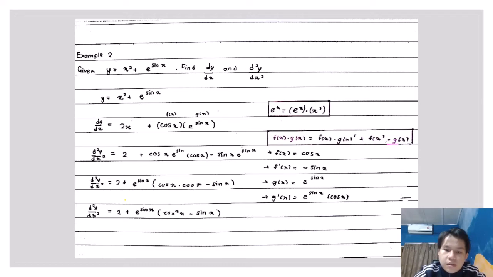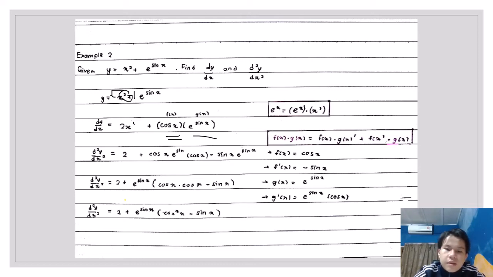The 2 here, bring in front, so we get 2x, and 2 minus 1 gives power 1. And then for the exponent, we use the formula: e^x times the derivative of the exponent. The derivative of the exponent is cos x, and e^x is e^(sin x).